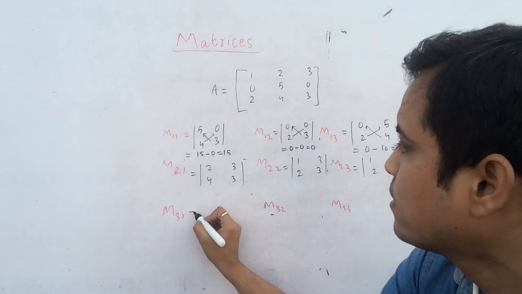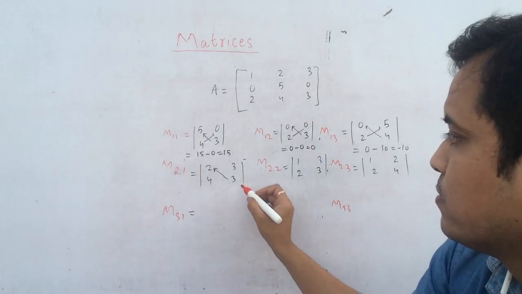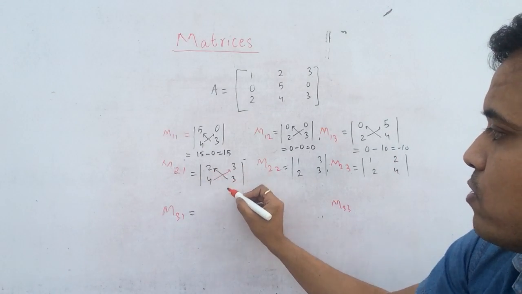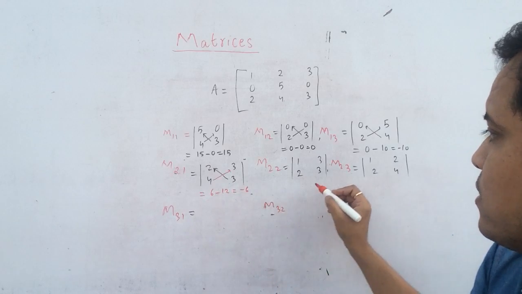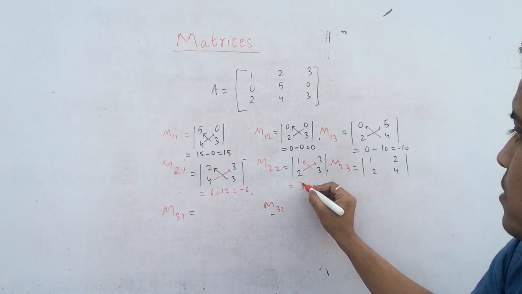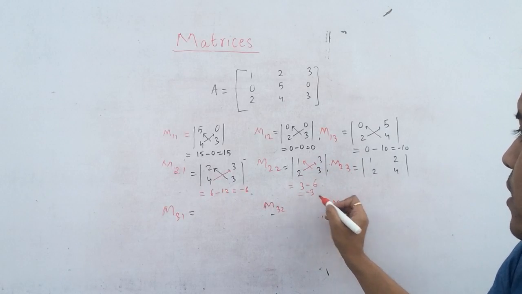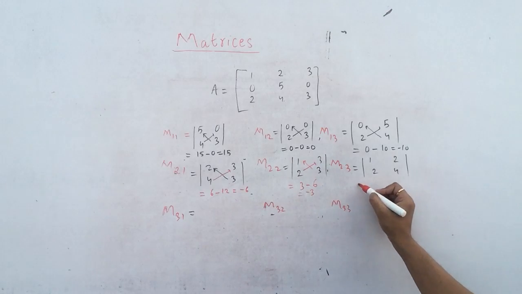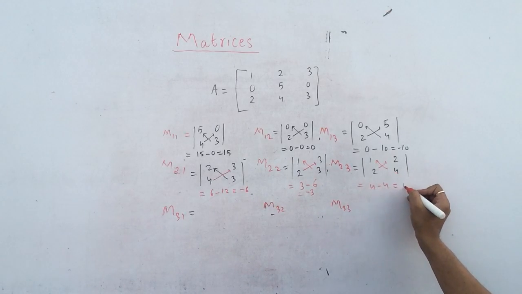Now solve these also. Left cross minus right cross, 6 minus 12, it would be minus 6. Left cross minus right cross, 3 minus 6, it would be minus 3. Left cross minus right cross, 4 minus 4, it is 0.